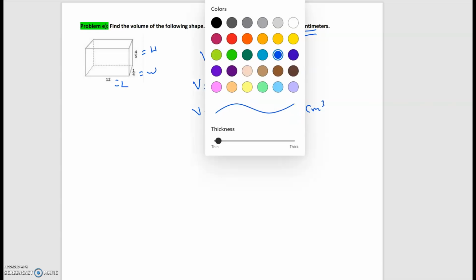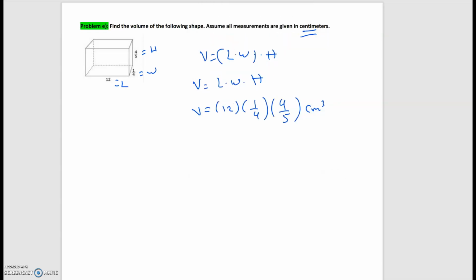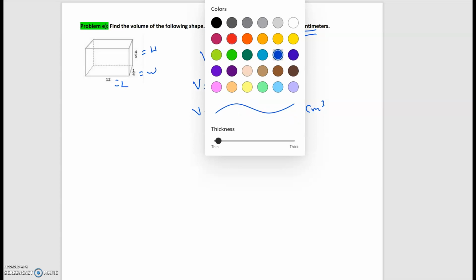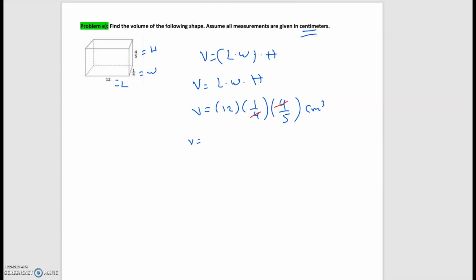Then let's start multiplying and canceling common factors. So for this particular one, V is equal to 12/5, or in this case, 2 and 2/5.